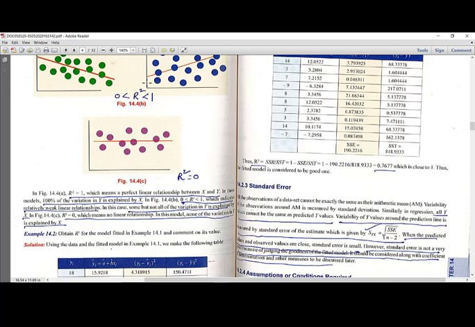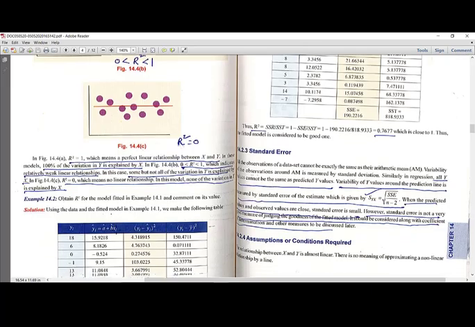In this case, some but not all of the variation in Y is explained by X. And in this figure, R square is 0, which means no linear relationship. In this model, none of the variation in Y is explained by X. So this is our common conclusion: when R square is equal to 0, none of the variation in Y is explained by X.